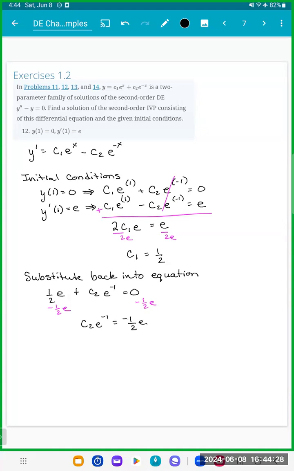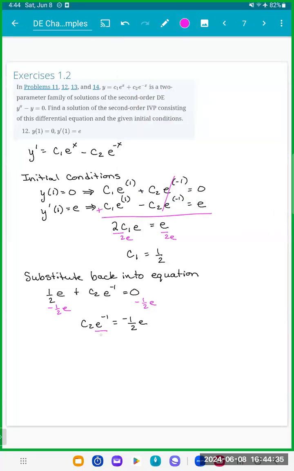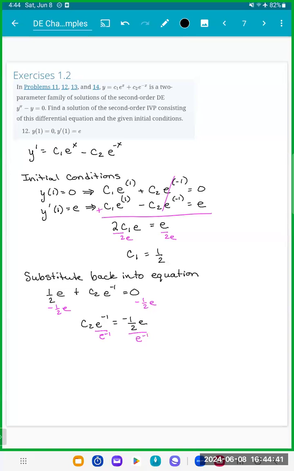Now we can divide both sides by e to the negative 1 because our ultimate goal is to get c2 by itself. And just as a reminder, anytime we're dealing with exponents, thinking back to algebra days, if I want to move this up into the numerator, all I have to do is change the sign.